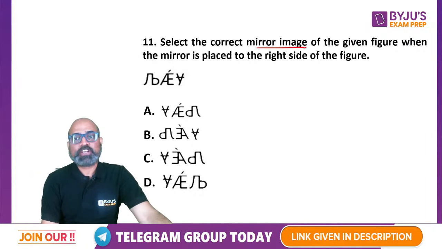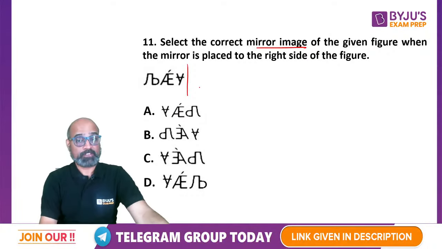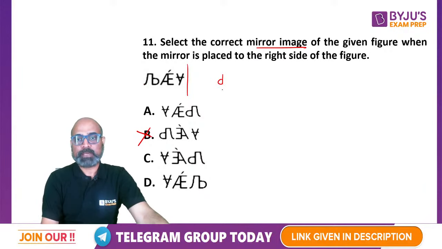Okay, so we have to figure out the mirror image. So if you look at the mirror image, this Y-shaped figure should be in the front, which Bravo is not. The last figure should have B changing to D, and it should look like this, which D doesn't have.